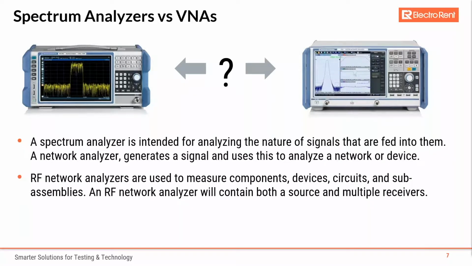It also uses vector correction to search for a known signal from the output of a device. This gives a more accurate measurement than a spectrum analyzer. As you can see here, a couple examples of Rohde & Schwarz's spectrum analyzer and their vector network analyzer. Also, a network analyzer is going to have multiple sources to stimulate the signal and measure from there.